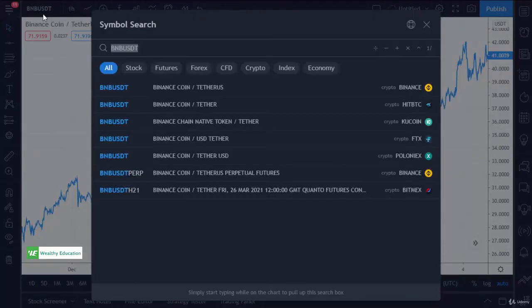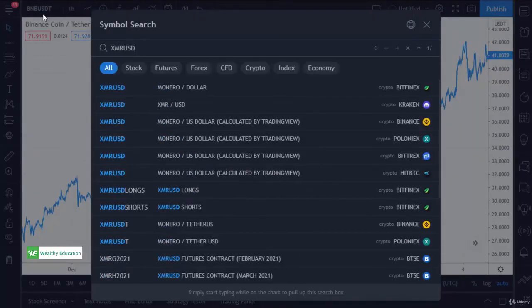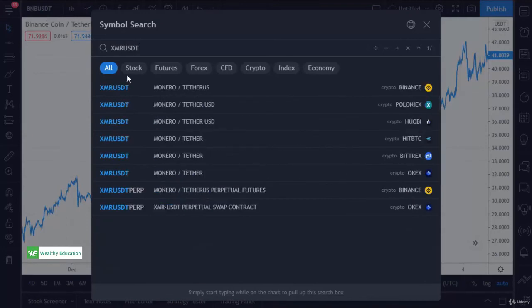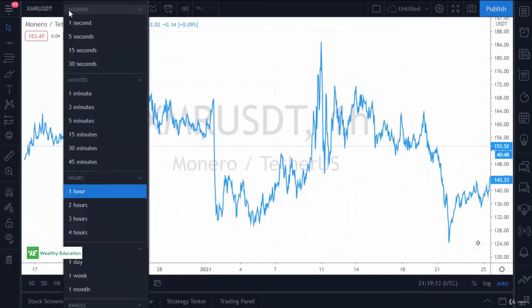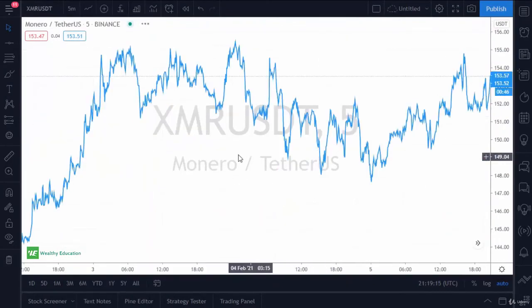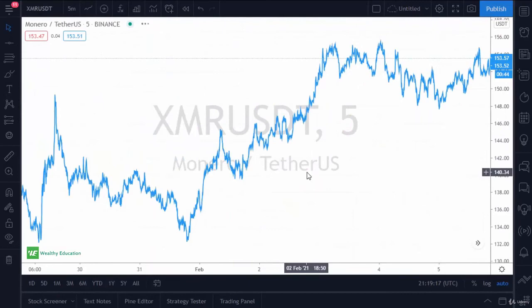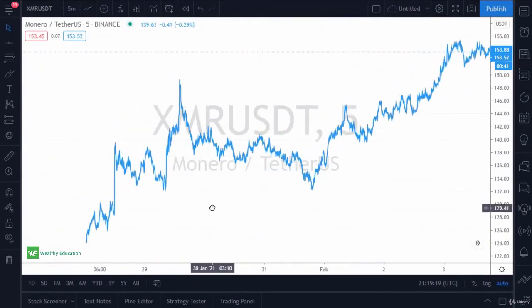And this works in pretty much any market, pretty much any time frame. So, like I've got Monero here, and let's go down to the 5-minute chart. Again, these don't mean as much on the 5-minute chart.